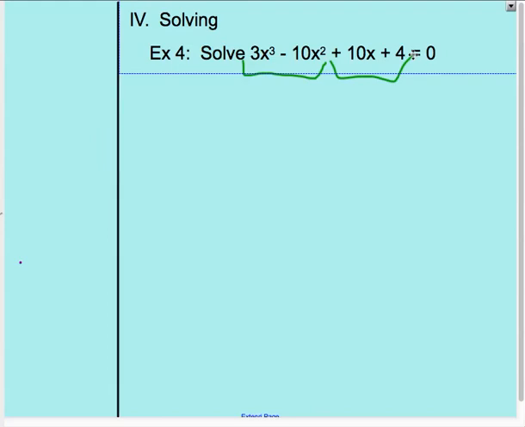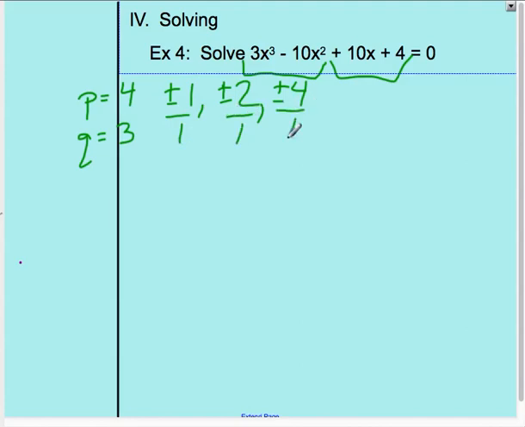So let's use the rational root theorem. P is 4, Q is 3. Factors of 4 are 1, 2, and 4. And the factors of 3, one of the factors of 3 is 1.